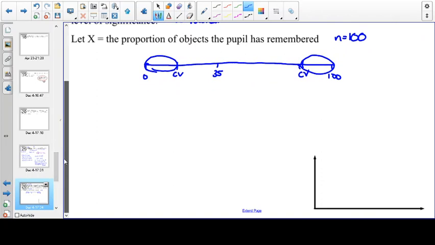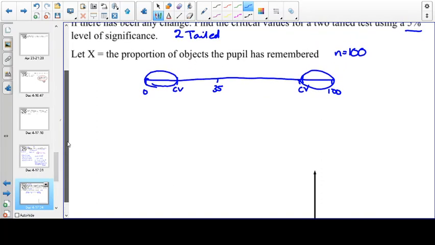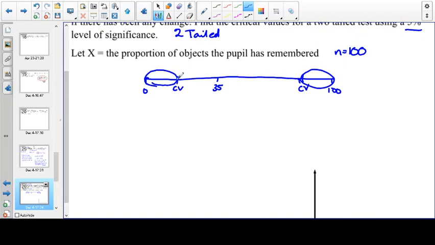So for this one, we want the probability of X to be less than or equal to R, and I'm just going to call this R1, to be less than 0.025.